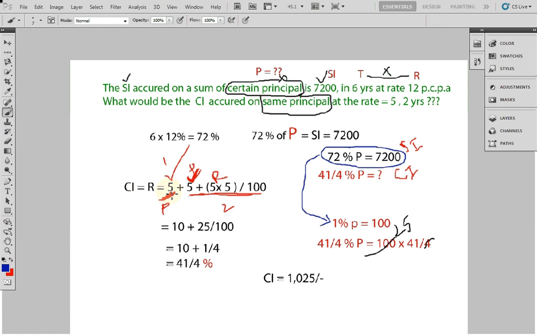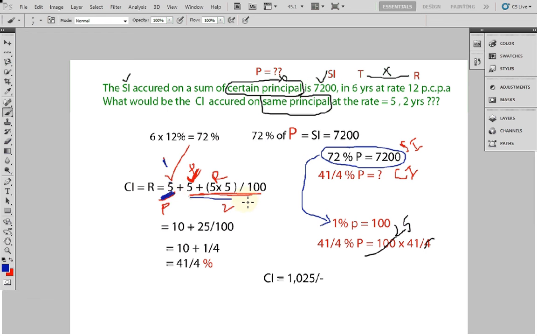Here this is 5%, it is the first year's rate. Initially we won't have any interest, so no need to write any other things here. This is only 5 we will write.